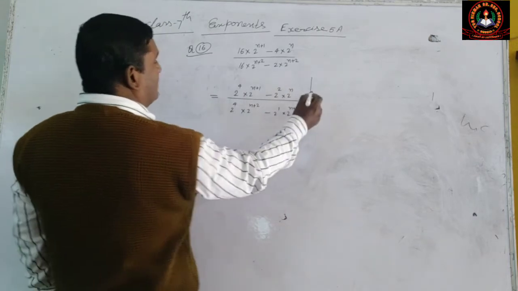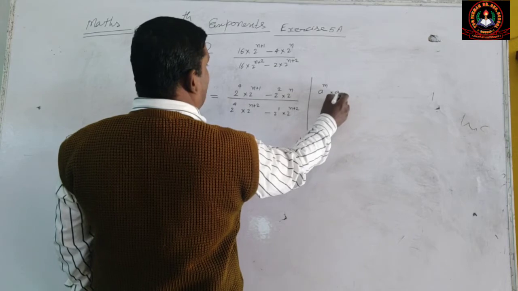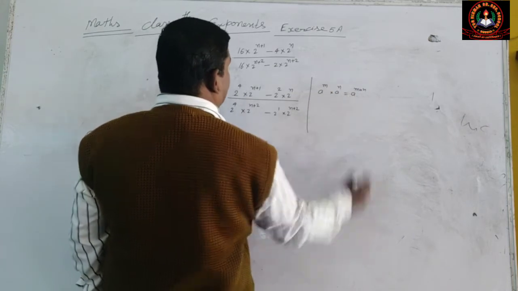Now you have a formula: a to the power m into a to the power n, you may write as a to the power m plus n.